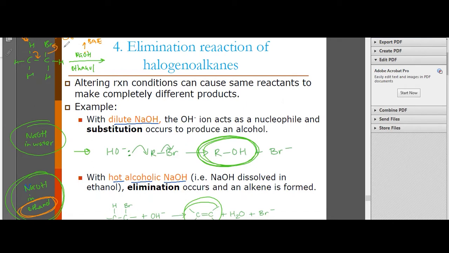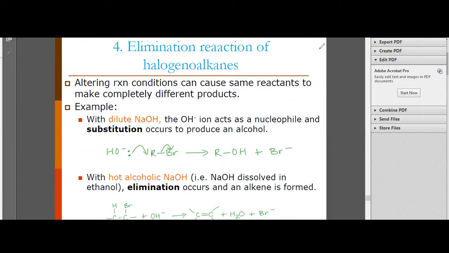Look here at the mechanism. OH will attack H, and then the CH bond will break, and it will give the C double bond C here. So OH minus attacks H plus to form H2O, and then Br minus will be released by this reaction.